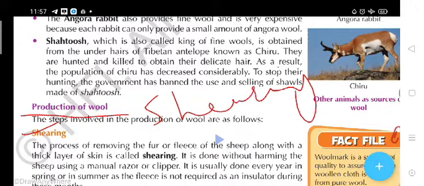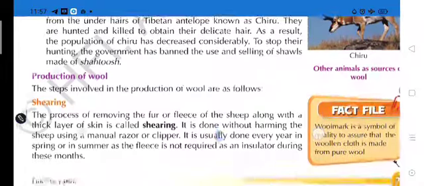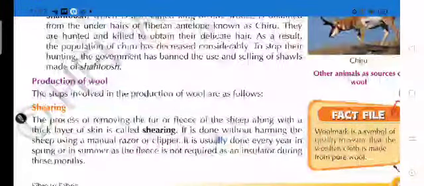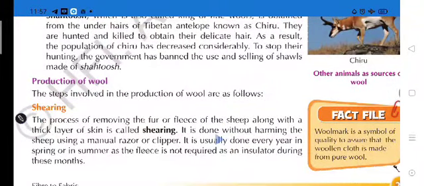Students, what is the shearing process? Simply we can understand that shearing means removing the hair from sheep or any wool-producing animal. The process of removing the fur or fleece of the sheep along with a thin layer of skin is called shearing. So this is the simple definition of shearing.